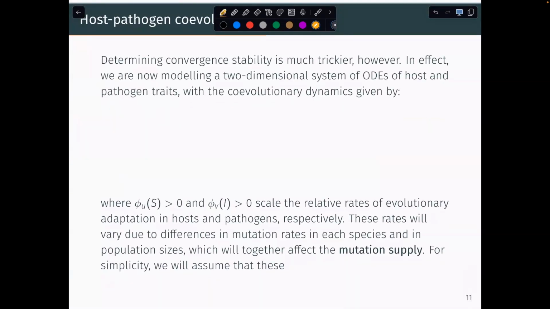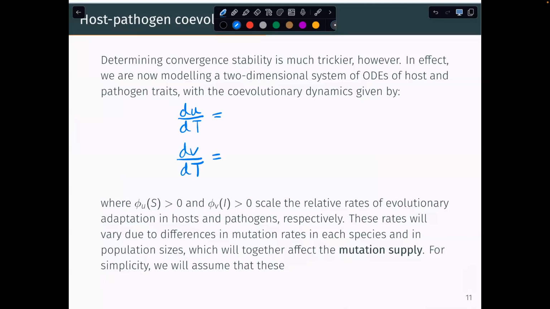So what we're really doing is we have our host trait U, our level of resistance, evolving over some timescale. I'll call it capital T here, so dU by dT. Likewise, we have an equation for our pathogen trait here. You can also do this in one dimension, but in one dimension, the mutation rates don't matter.